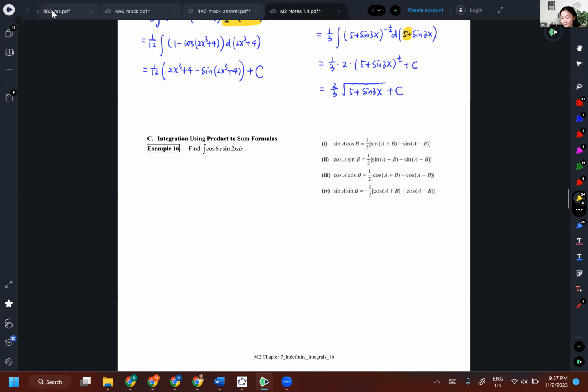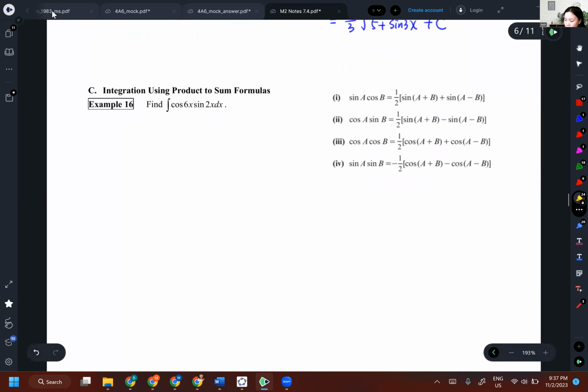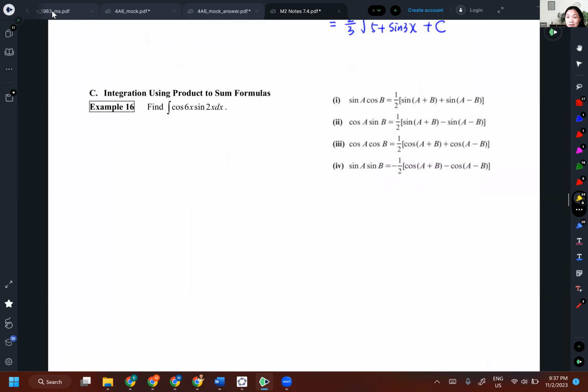Okay, we are back. For the next few examples, they are still about trigonometric functions. But it's not like they're mixed with anything else. It's just pure trigonometric functions. So in order to integrate, find the primitive function, there are usually a few very useful techniques.